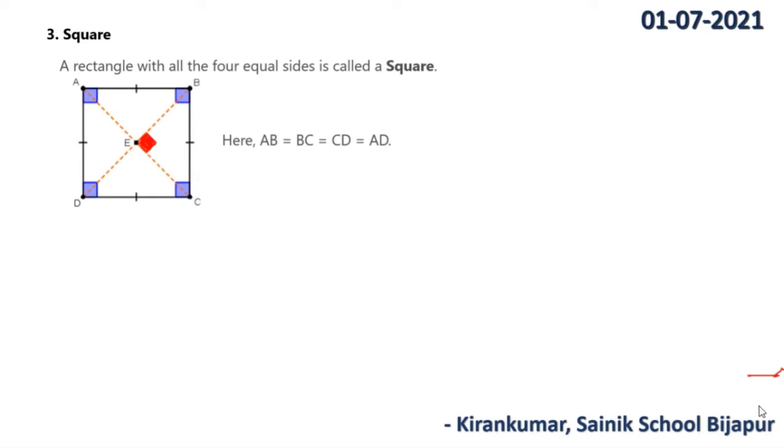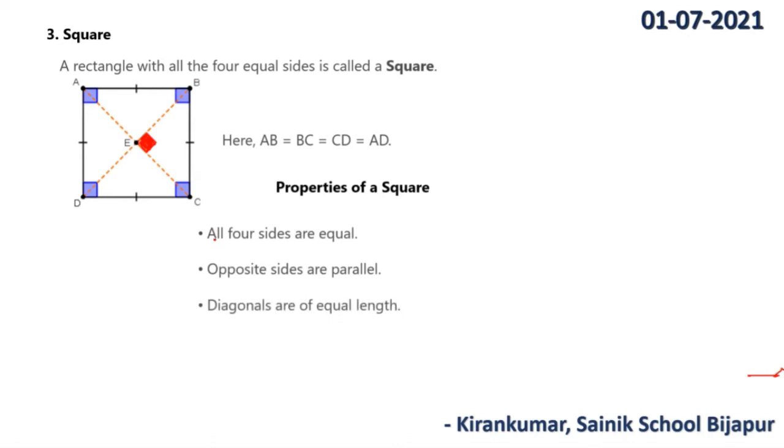Let us list out the properties of a square. All the four sides of the square are equal, opposite sides are parallel, diagonals are equal in length, diagonals are perpendicular bisectors of each other, all the four angles are 90 degrees.